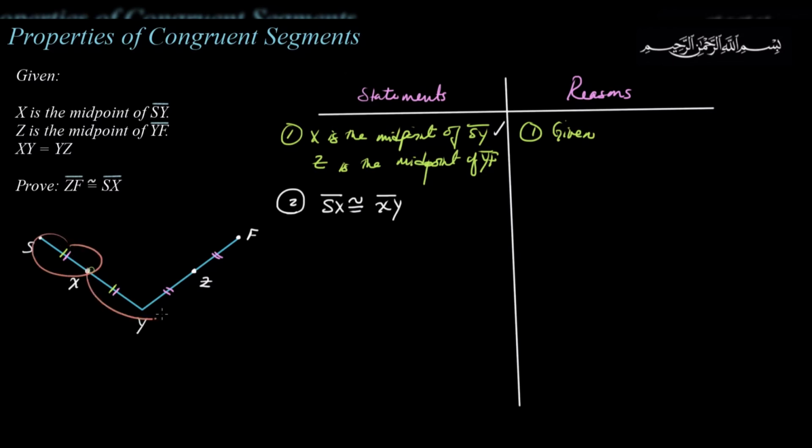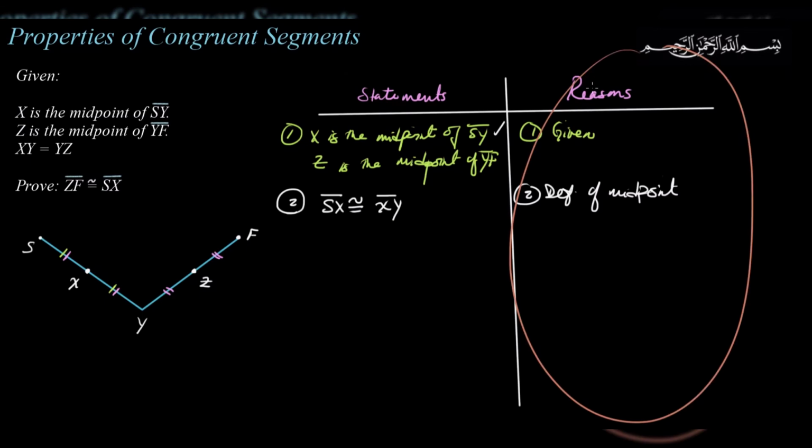This is congruent to this, and the reason for that is, of course, from the definition of midpoint. Now, if you recall, the reason column is going to have given information, definitions, properties, postulates, and theorems. So all the reasons will be one of these categories of statements.